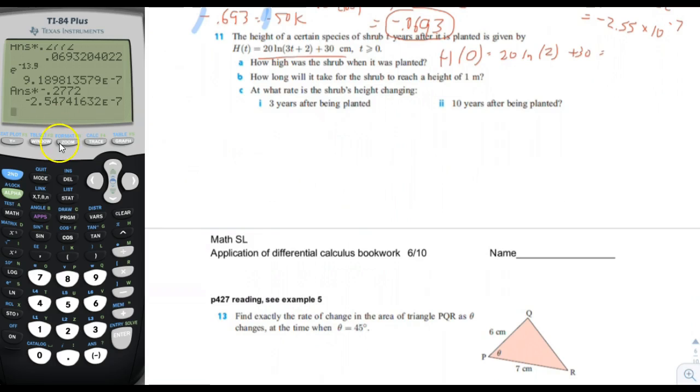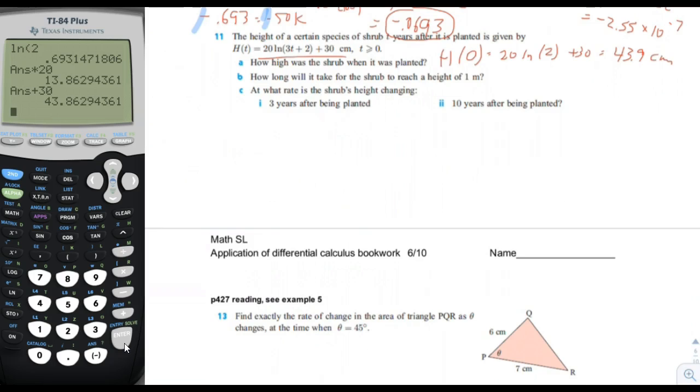So let's calculate that out. First we'll do natural log of 2, 0.693. That looks familiar, doesn't it? Times 20. And then we add 30. 43.9 is the height in centimeters.